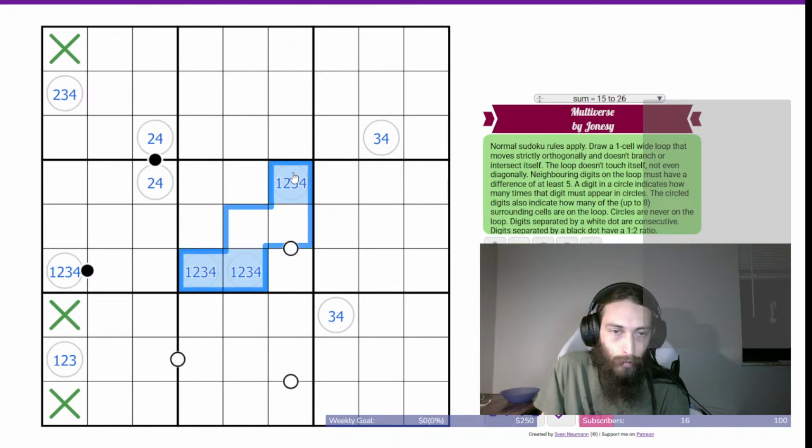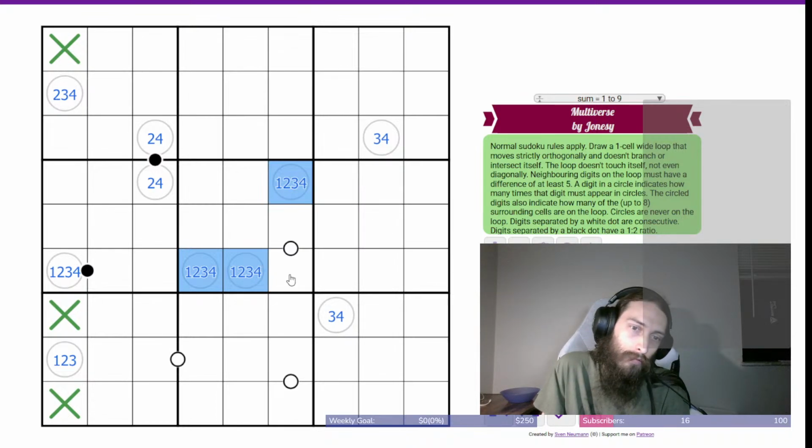What about in here? Do I have to have 1? This one wouldn't work, because that's the only way it would. Here, well, it's going to have to pick one of those two paths.